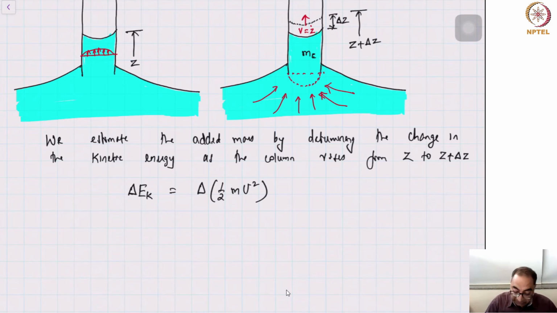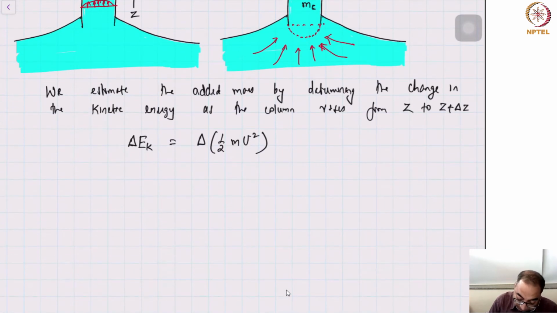The m can be divided into three parts. The first part is m_c, that's the mass in the column. Then I have m_0, that's the mass in the spherical cap.